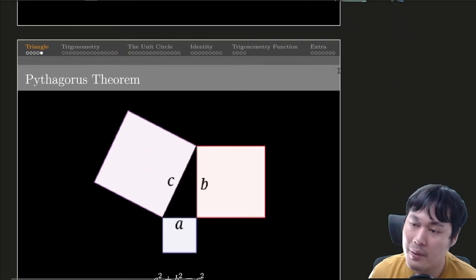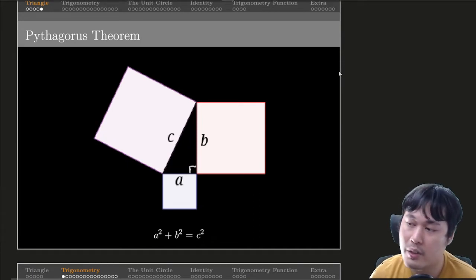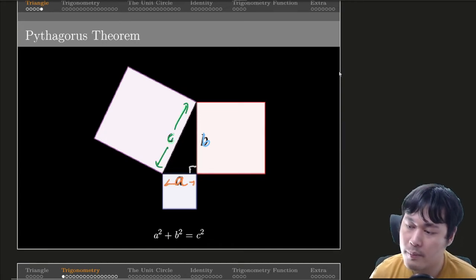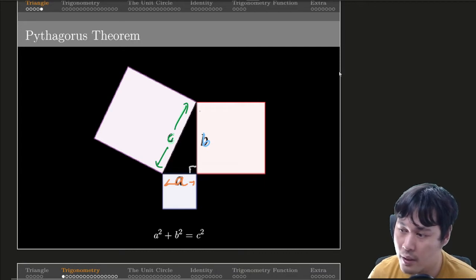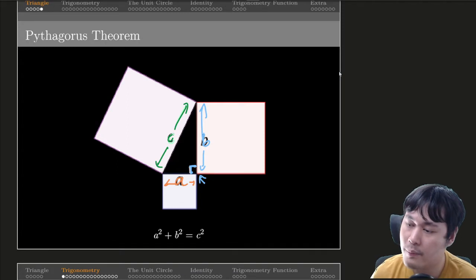And then we have the Pythagorean theorem, which states that if you have a right triangle with sides A, B, and C, we label these variables as the lengths of these three sides, where A and B are the sides adjacent to the right angle, and C is the opposite side.